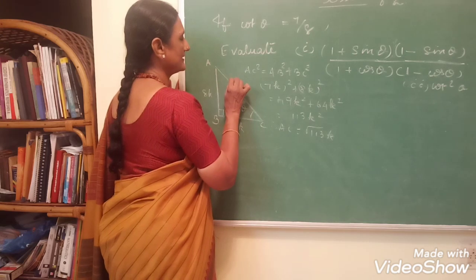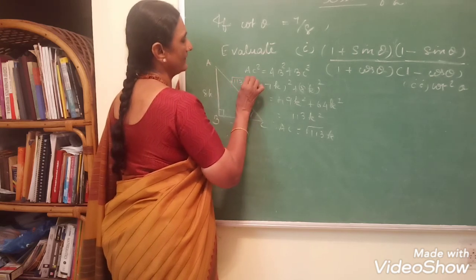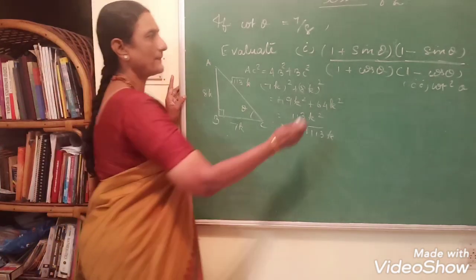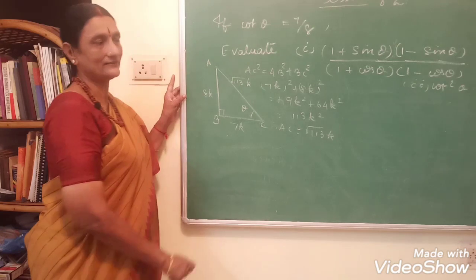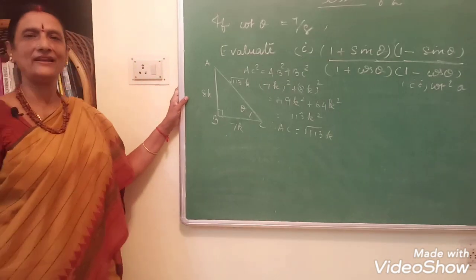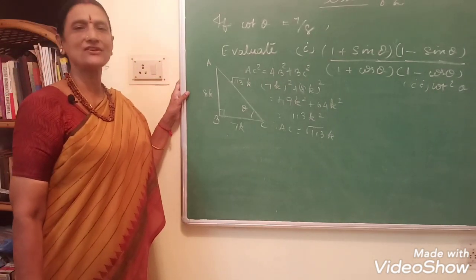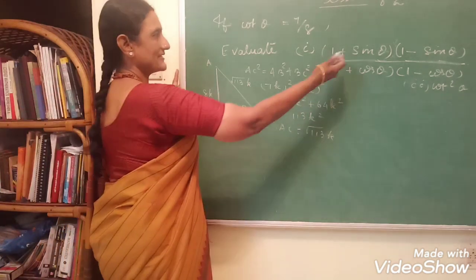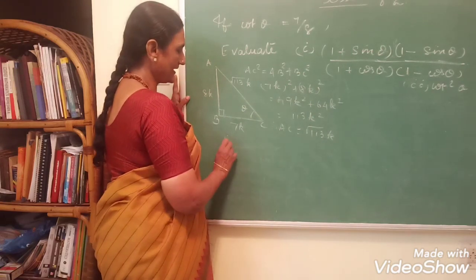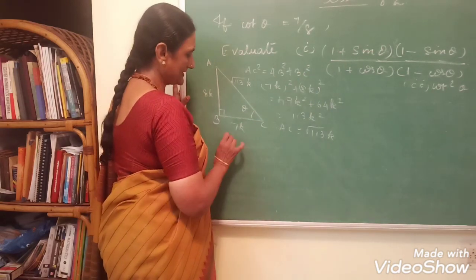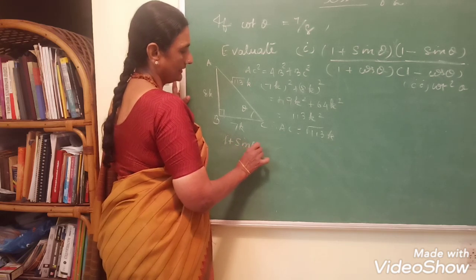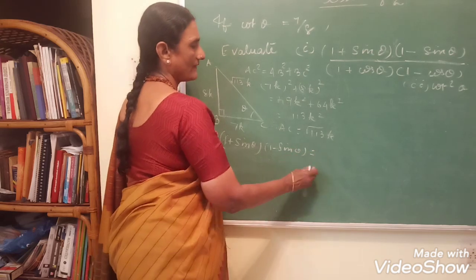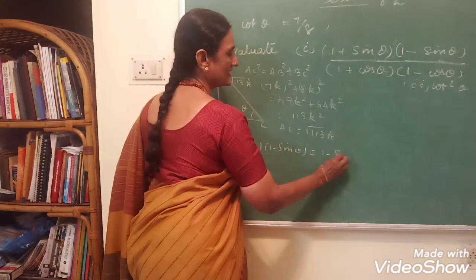So I am writing here the square root of 113 k. Okay. Now, (1 plus sin theta)(1 minus sin theta). Obviously, you are familiar with the identity (a plus b)(a minus b) gives you a square minus b square. If you use that identity, you will get on the LHS, 1 plus sin theta into 1 minus sin theta gives you what? 1 minus sin square theta.